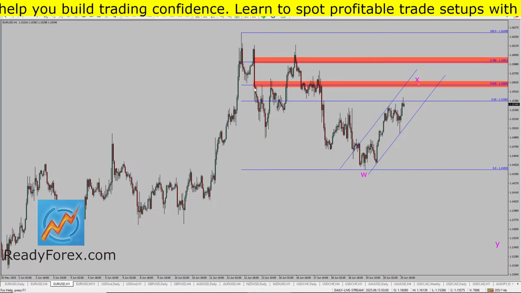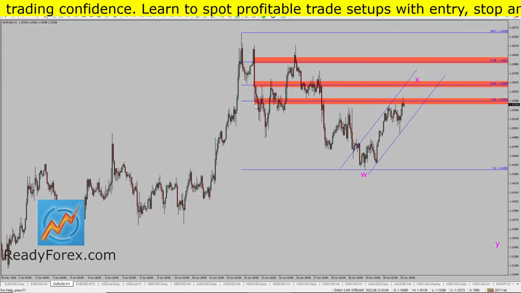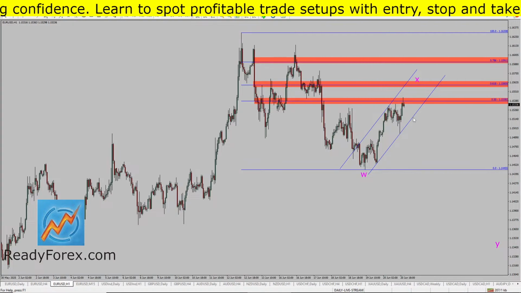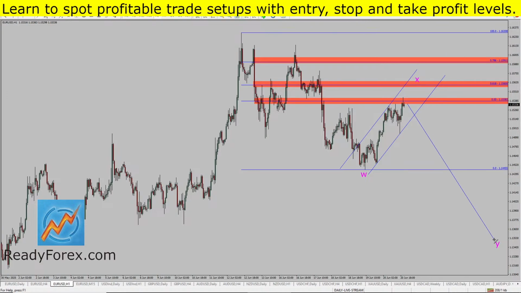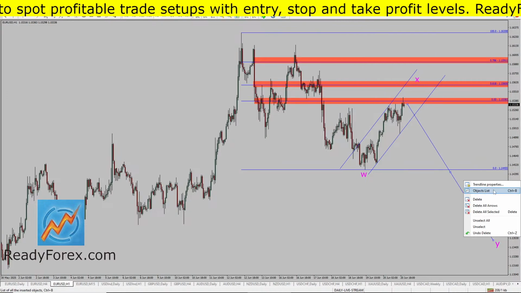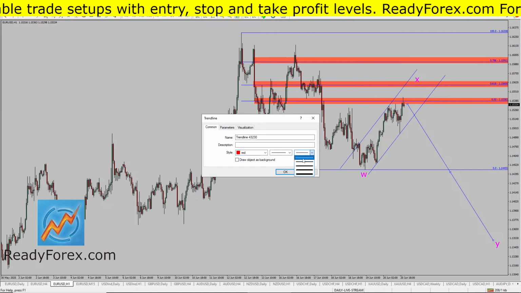So it's also possible that this up move or pullback is over within this downtrend, and the chances are high the market is going to start the decline inside the euro currency here.